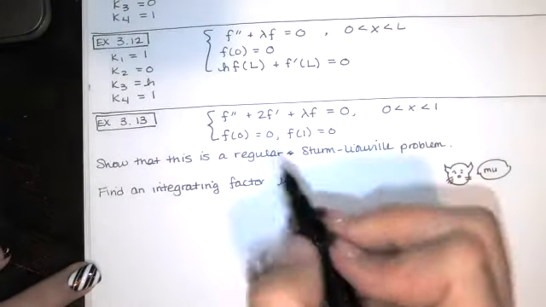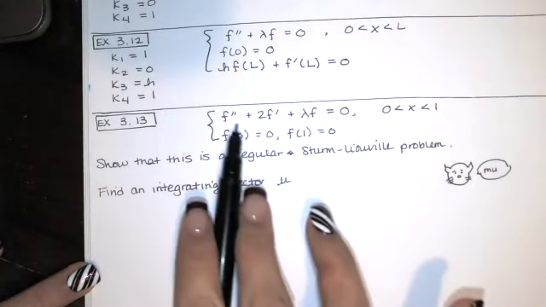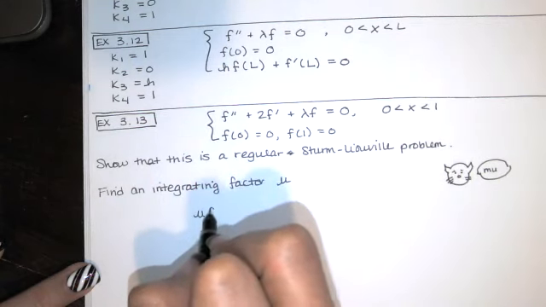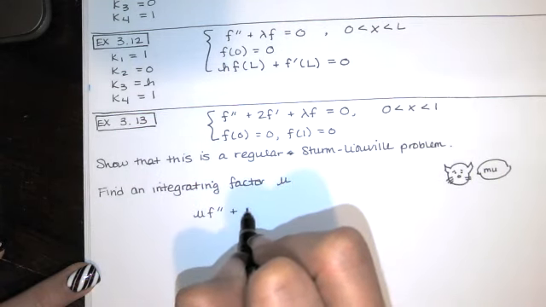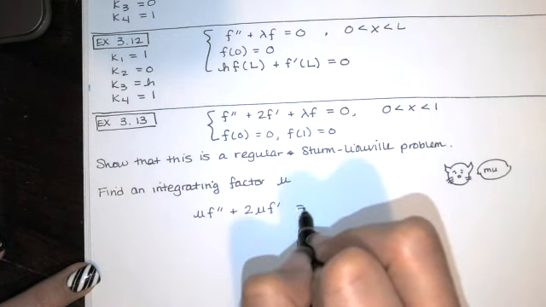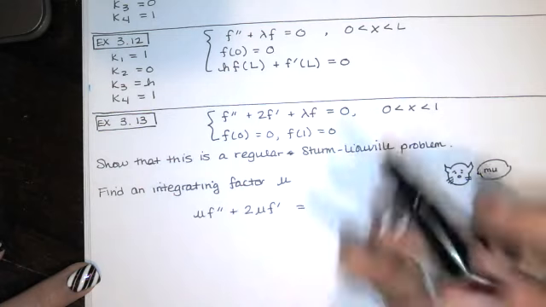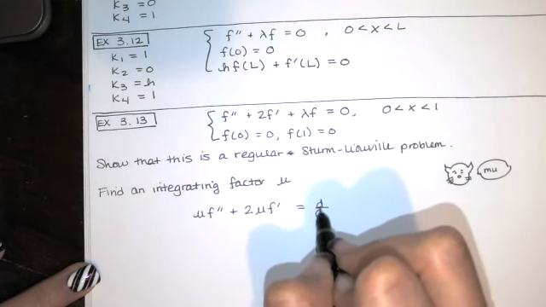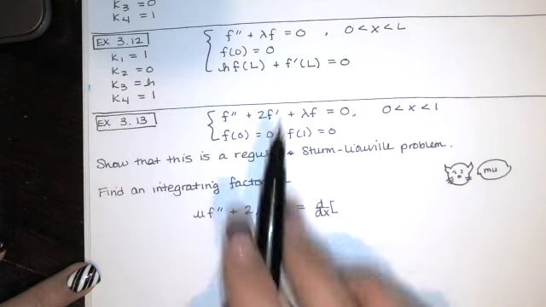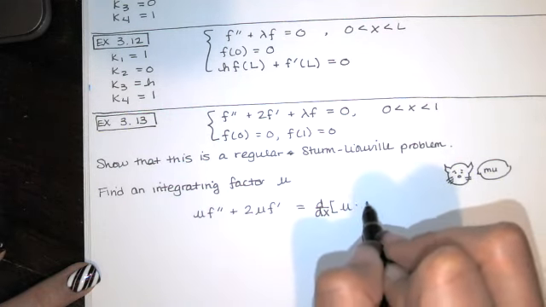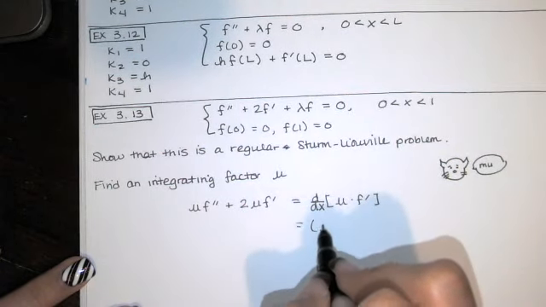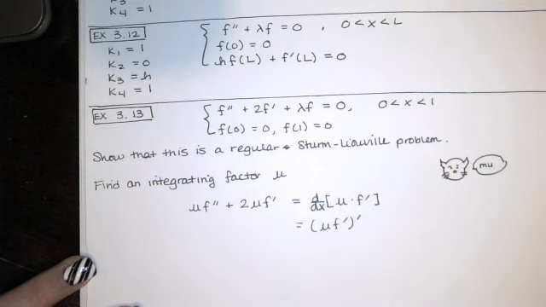I want to find an integrating factor mu so that when I multiply this by mu, I want these two terms to be the derivative with respect to our independent variable x of this function, f prime times the integrating factor. Now that's just another way of writing mu times f prime prime.